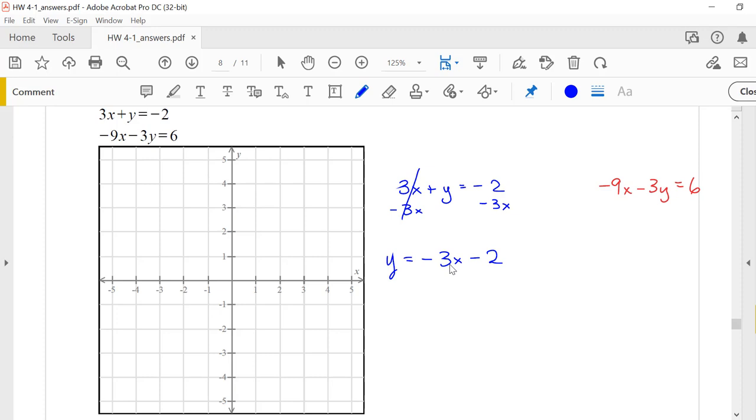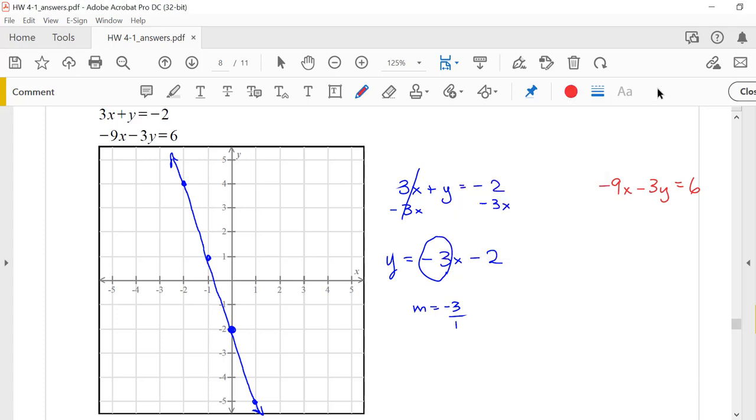The y-intercept is negative 2, and my slope is negative 3 over 1. So I'm going to go up 3, left 1, up 3, left 1, or I could have gone down 3, right 1. There's my blue line.